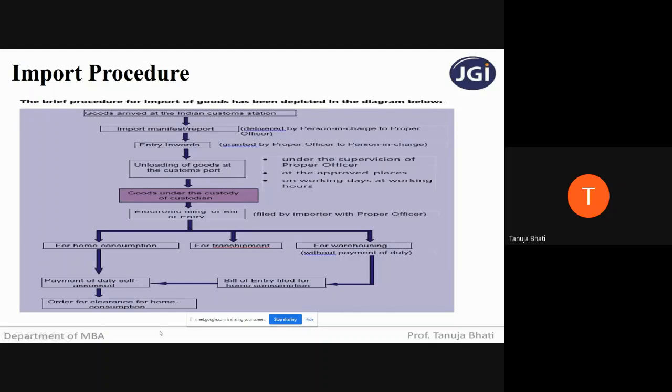This bill of entry is to be filed electronically. Students, remember, in 4 copies.